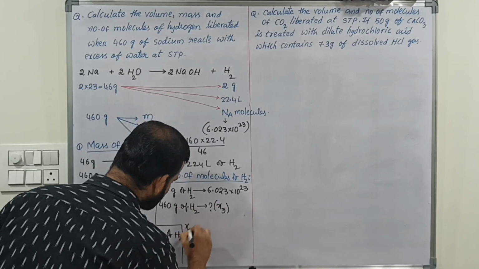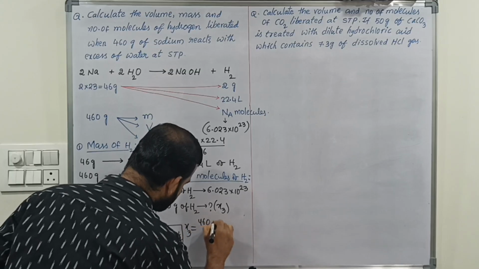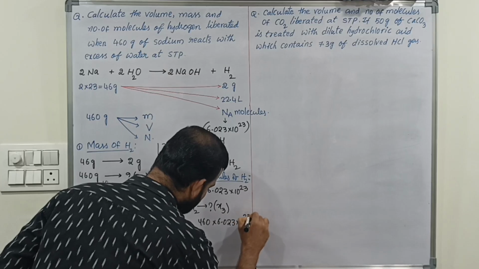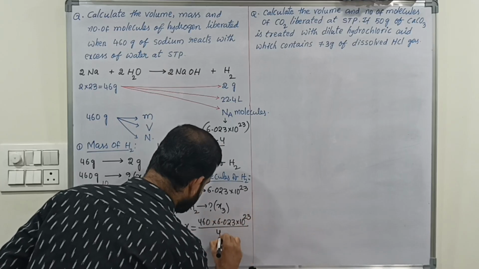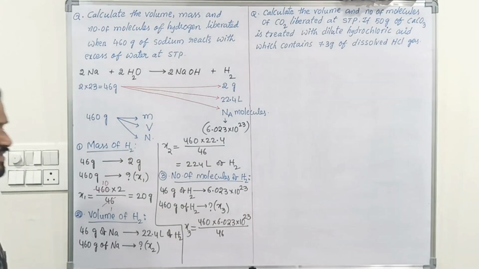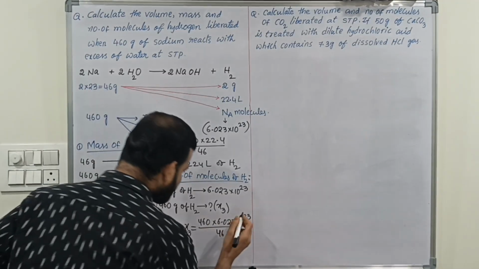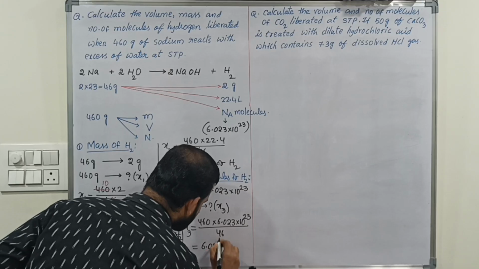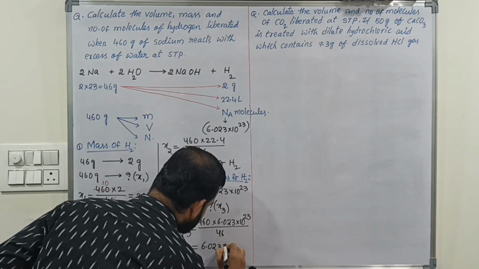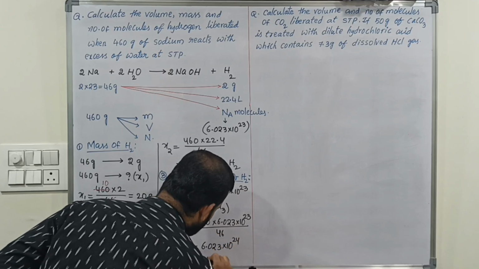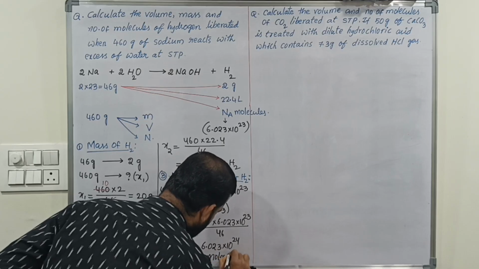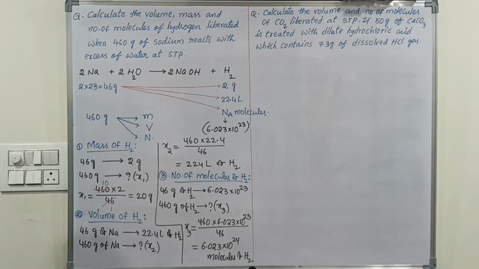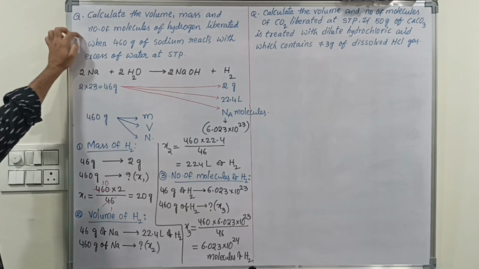Then X3 is equal to cross multiplication, 460 into 6.023 into 10 power 23 divided by 46. 46 ones are 46, tens are. So 10 power 23 becomes 10 power 24. So the answer is 6.023 into 10 power 24 molecules of H2. This is the solution of this problem.